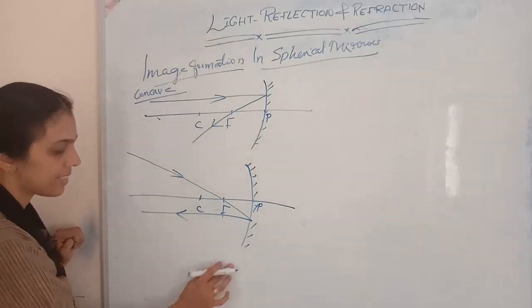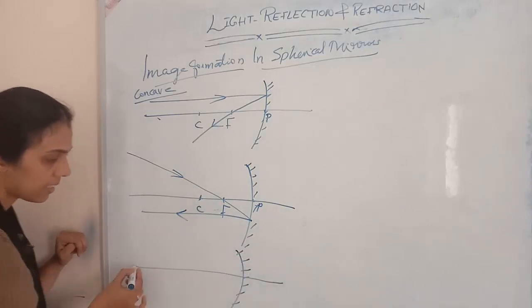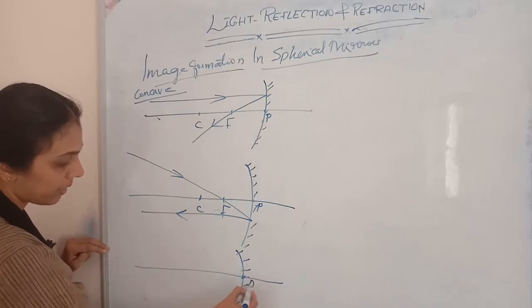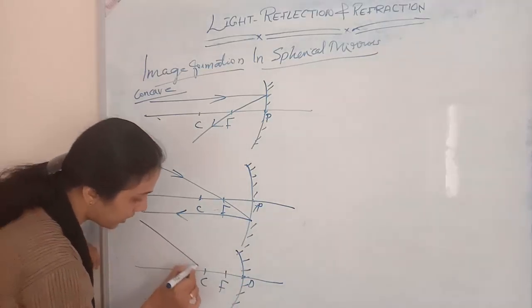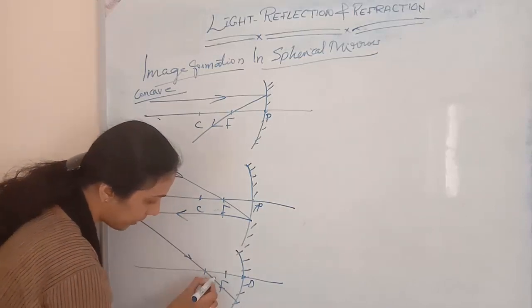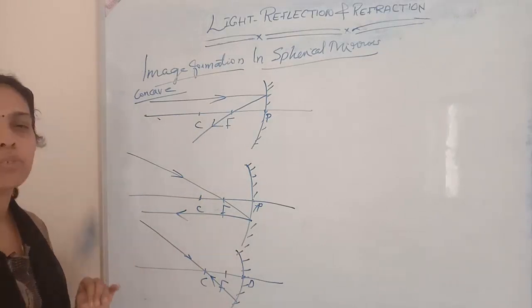This is the second law. Then third one is the rays which are passing through the center of curvature will go undeviated. Okay, it will be reflecting through the center of curvature itself.